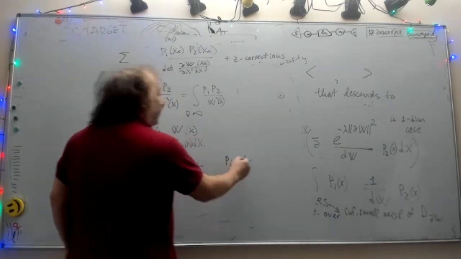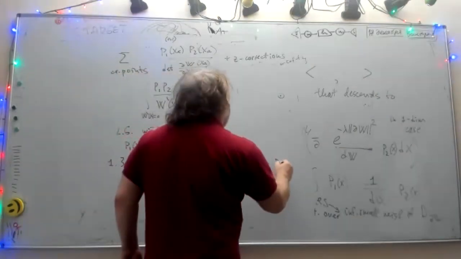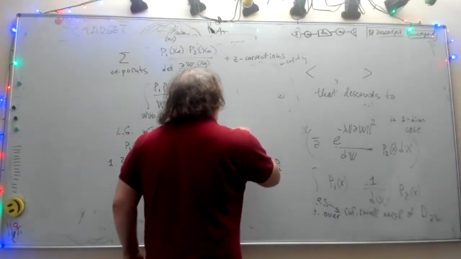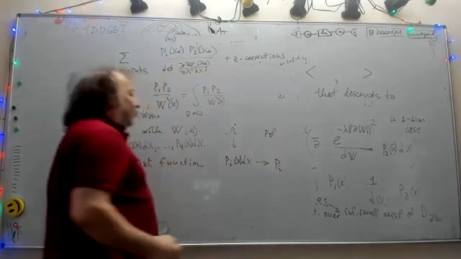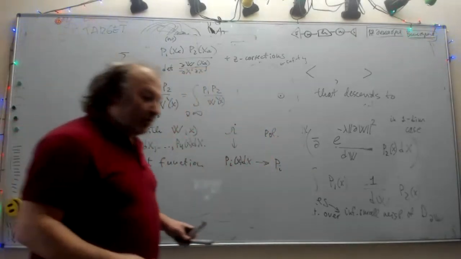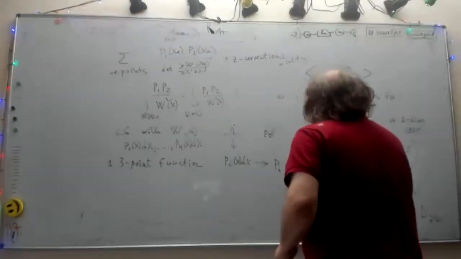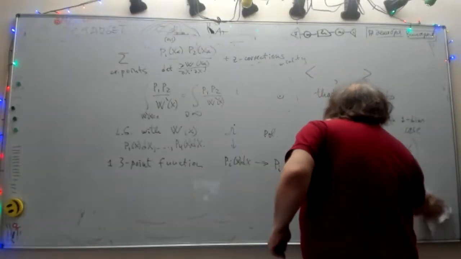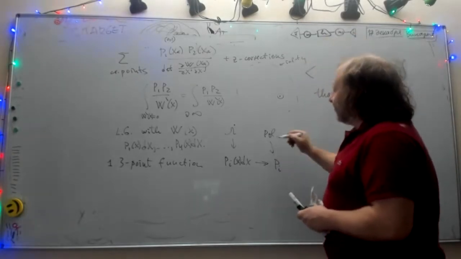So you have this differential form. These are forms and these are polyvectors. The polyvector associated to this form is of course a function. So the polyvector here is a function.